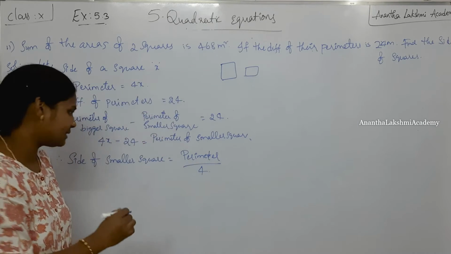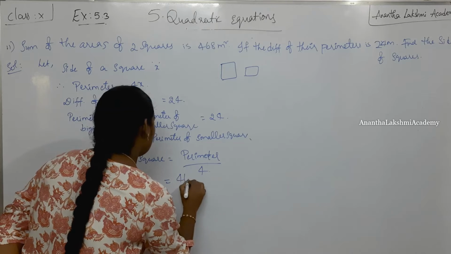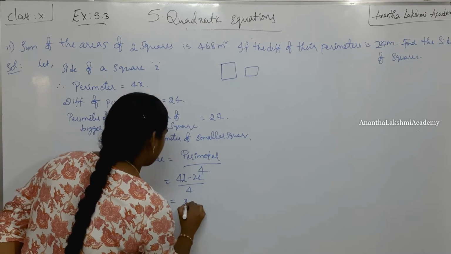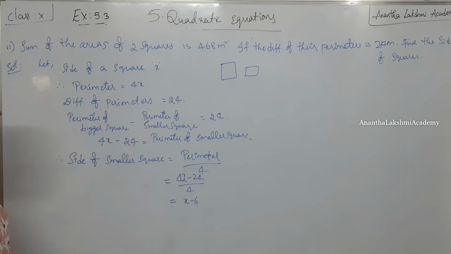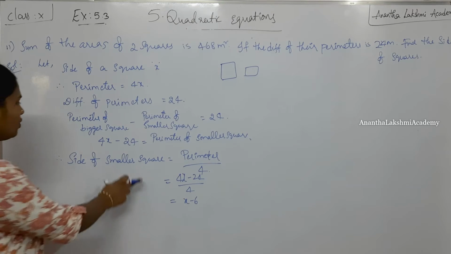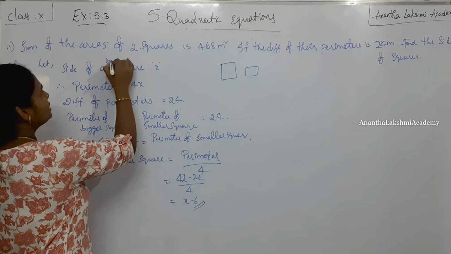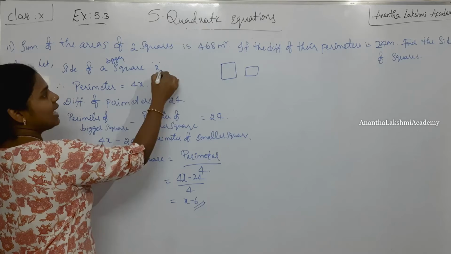So this is going to be 4x minus 24 by 4. If you take 4 common, x minus 6 is going to be the side of the smaller square. You have the side of the smaller square as x minus 6, and the side of the bigger square as x.